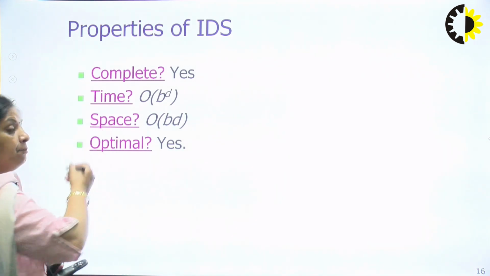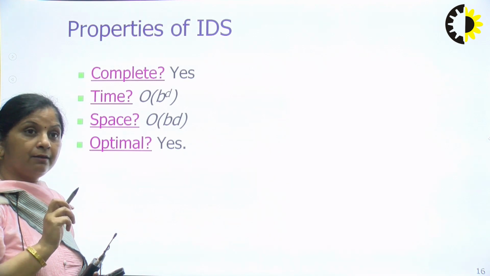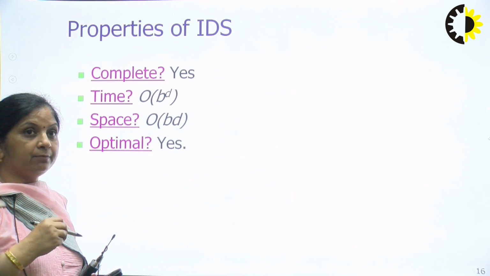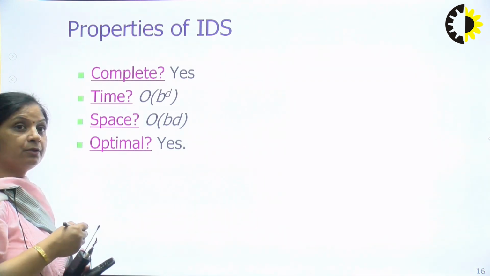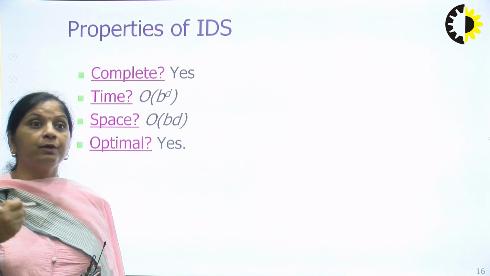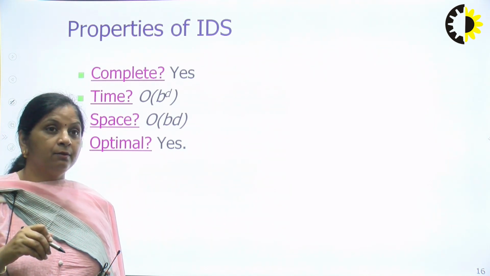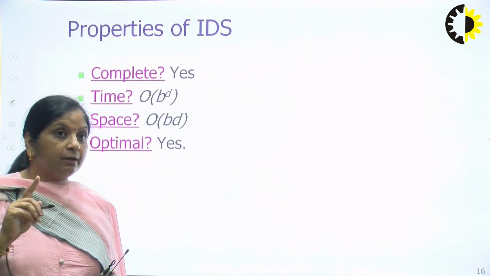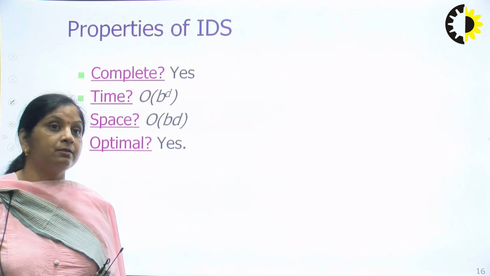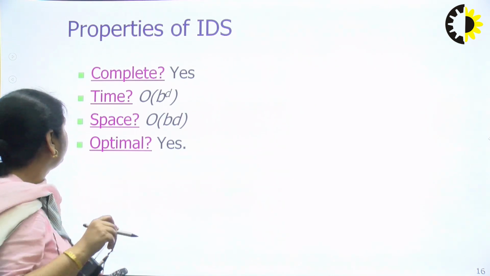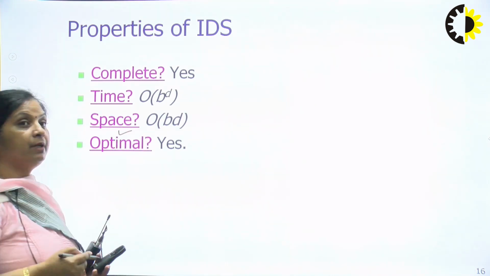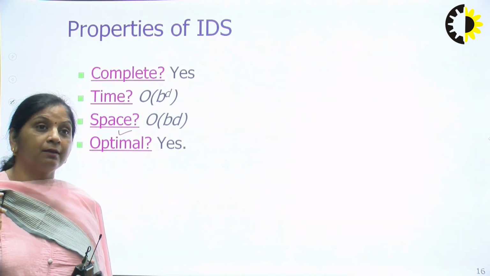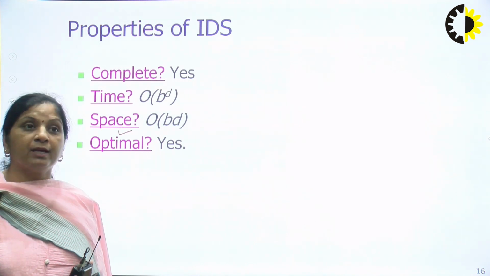Okay. It is complete because we are checking each and every node on a particular depth. It will give us an optimal solution because it is trying to imitate BFS while running DFS, by putting the gradually increasing depth limit. Okay, space complexity will be order of B into D. It is not B into M because it is not depth first going to maximum depth.